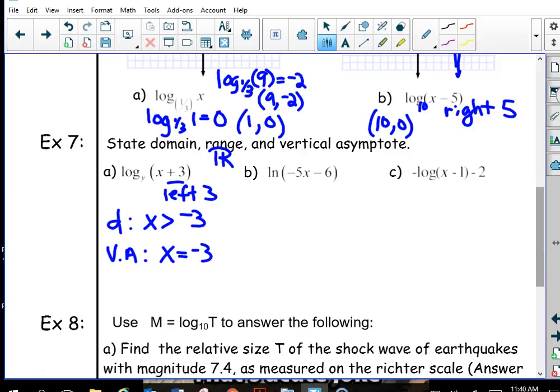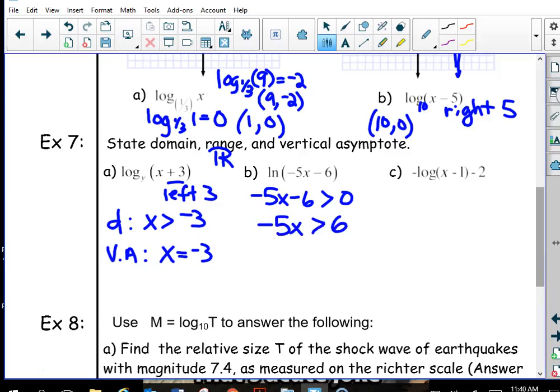Here we want to see what's going on because we've got a lot here. But remember, inside our logarithm always has to be greater than 0. So negative 5x minus 6 needs to be greater than 0. And we're just going to use this inequality to solve it. I'm going to add 6 to both sides.